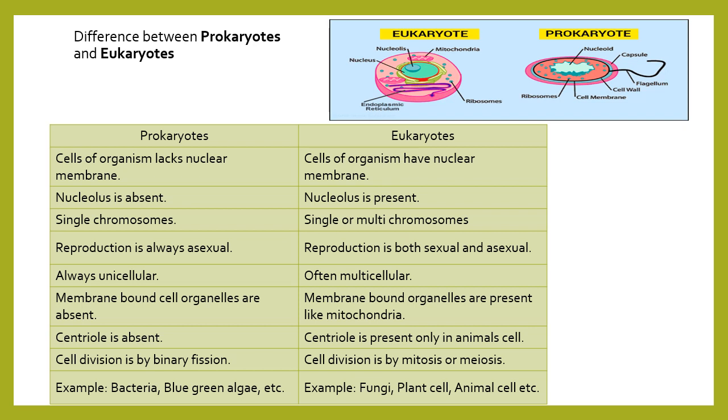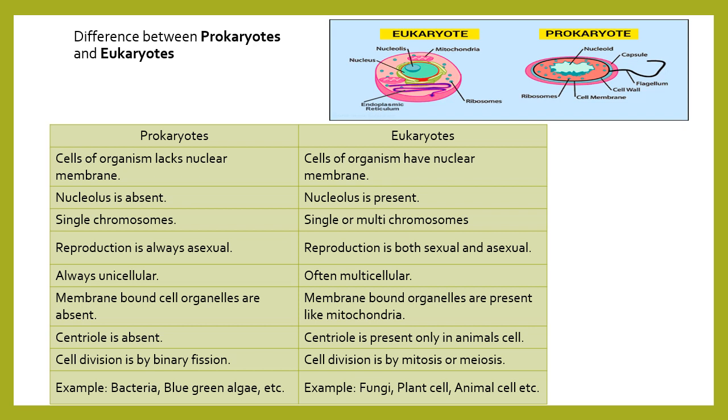Next, membrane-bound cell organelles are absent, whereas here, membrane-bound organelles are present, like mitochondria. Next is centriole is absent, whereas here centriole is present only in animal cells. Next, cell division is by binary fission, whereas in eukaryotes, cell division is by mitosis or meiosis.